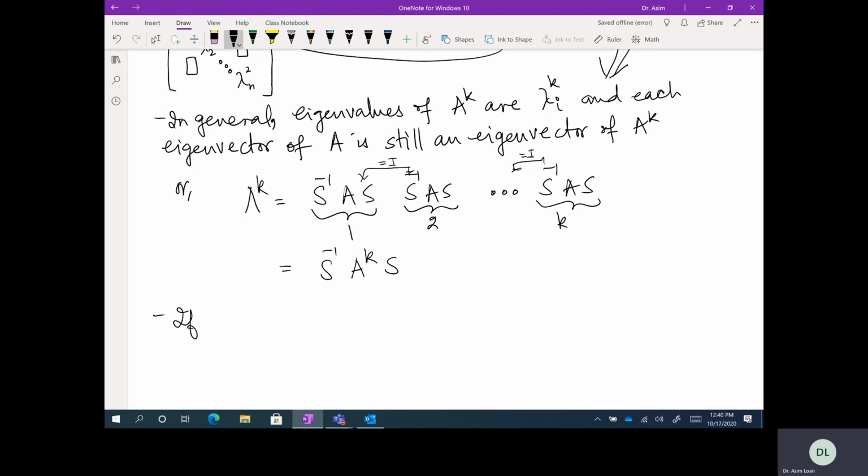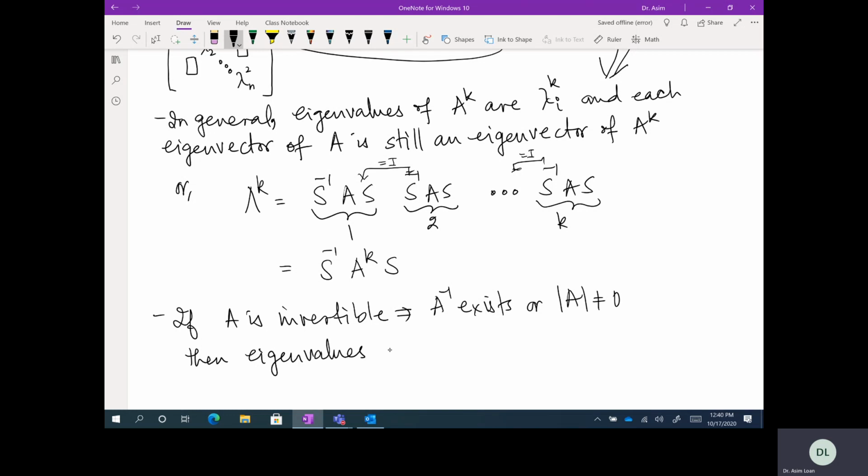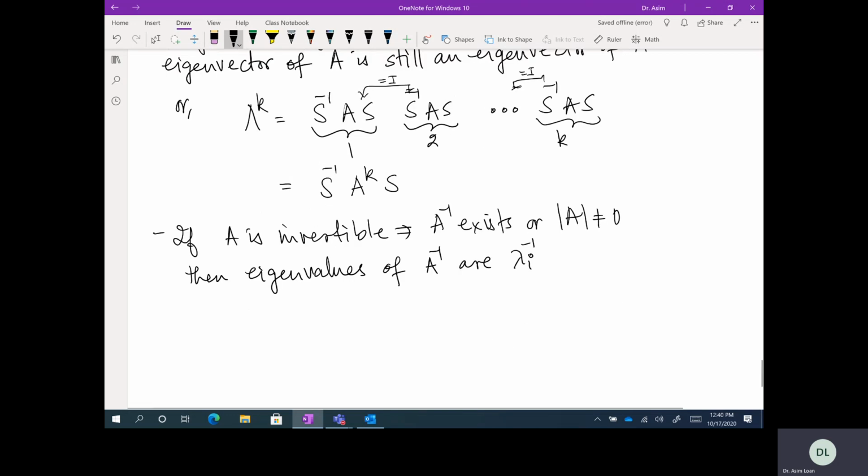Also, if A is invertible, this implies A inverse exists, or the determinant of A is not equal to 0, then the eigenvalues of A inverse are lambda i inverse. How do you prove this? Again, go back to the first equation, AX equals lambda x.